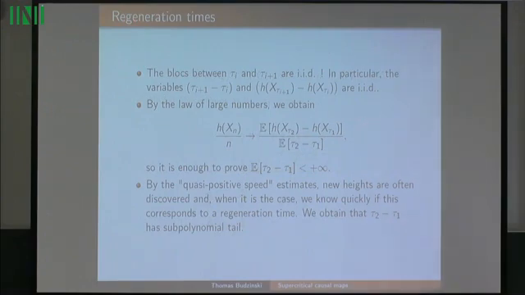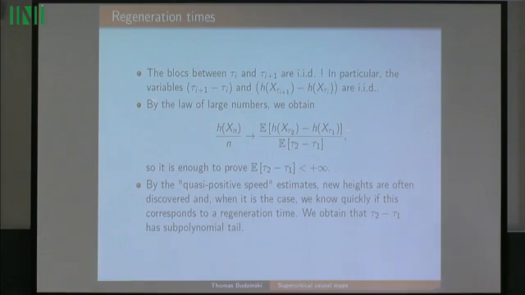Okay, so I have IID blocks, so I can apply the law of large numbers to the IID blocks, and it proves that the random walk has a speed, and this speed is the average heat of a block divided by the average time that we spend in one block.